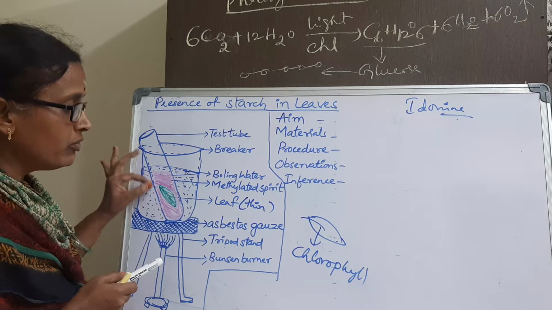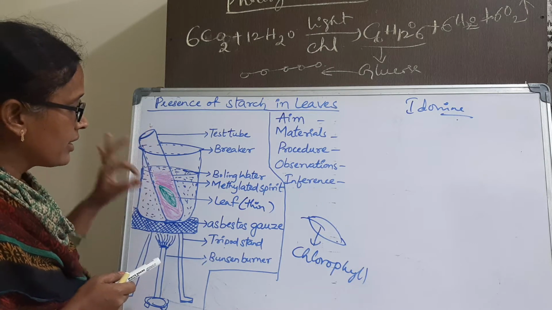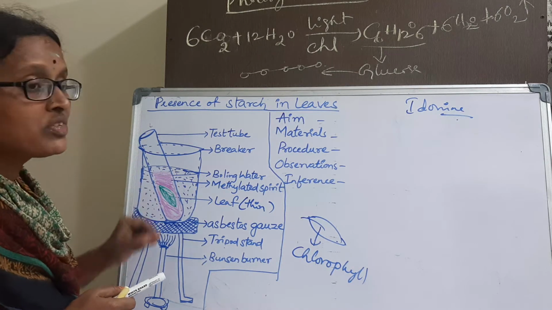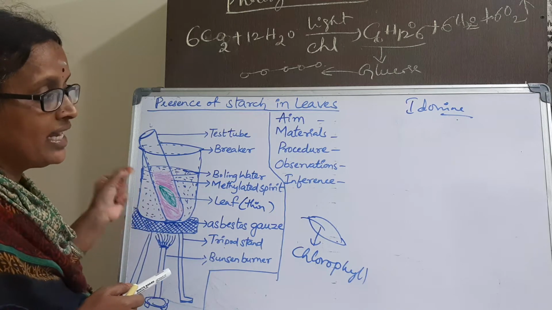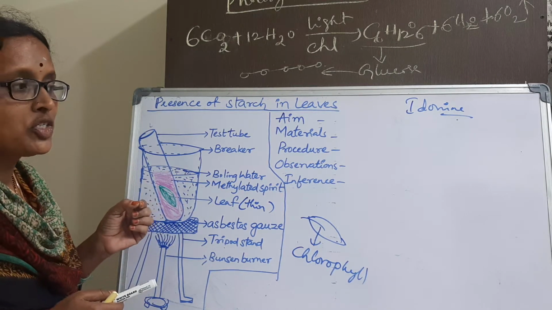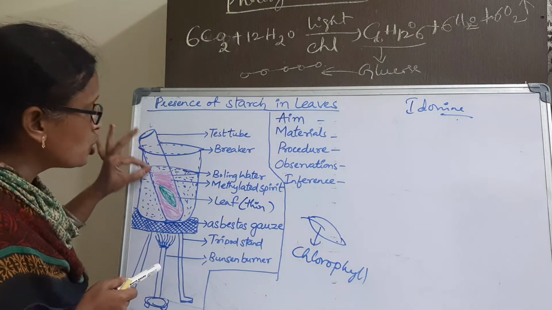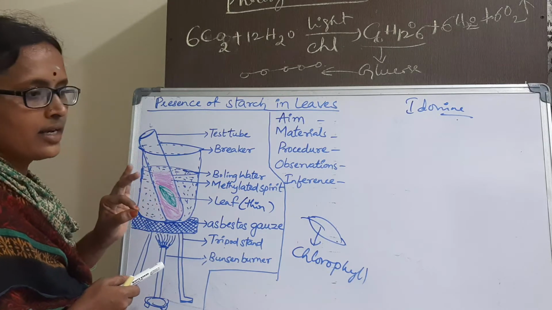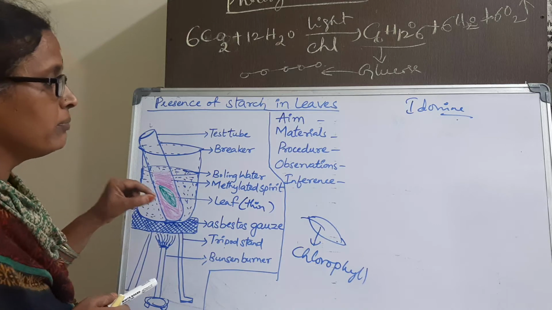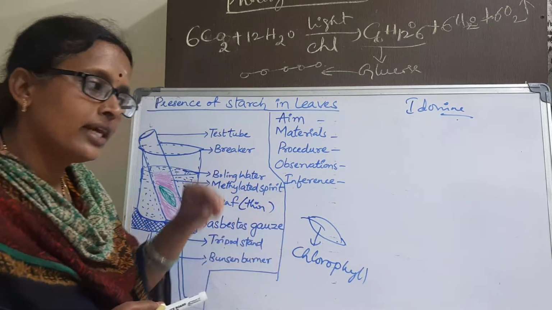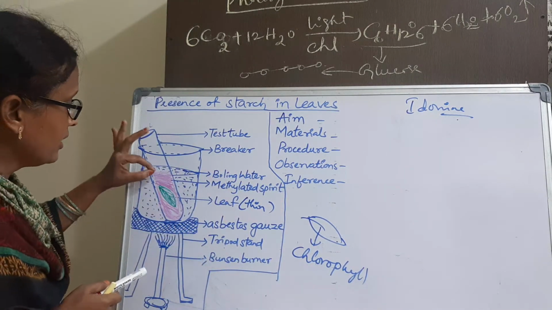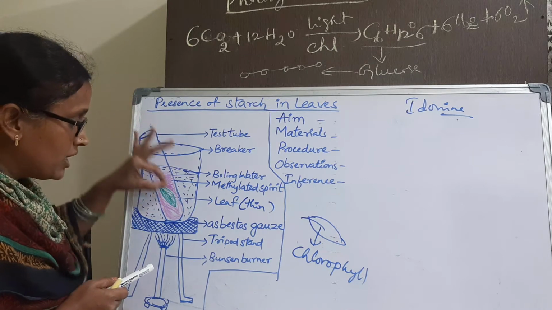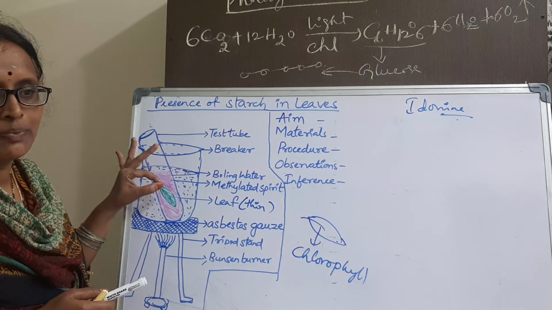When it is heated, gradually our leaves turn white, pale, into a colorless condition, and the solution turns green. That indicates that the chlorophyll pigments present in the leaf have dissolved and mixed with the methylated spirit.